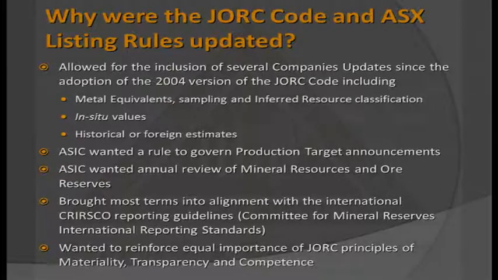And there was also a need to bring most of the terms that we had within the JORC Code in line with the CRIRSCO international reporting standards. There's still one or two differences, but in general the rewrite of the JORC Code has incorporated the CRIRSCO terms.